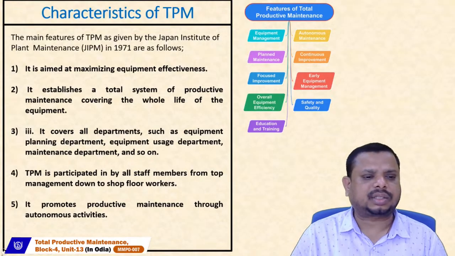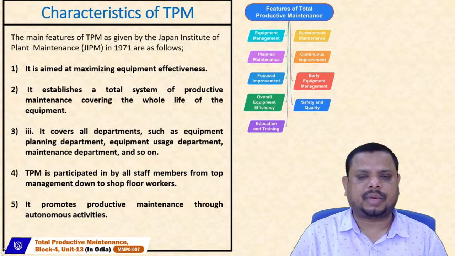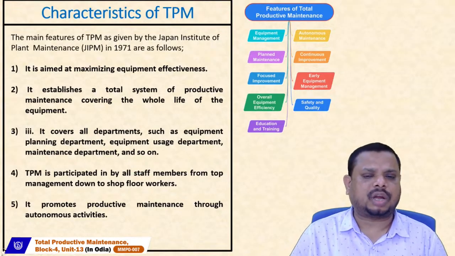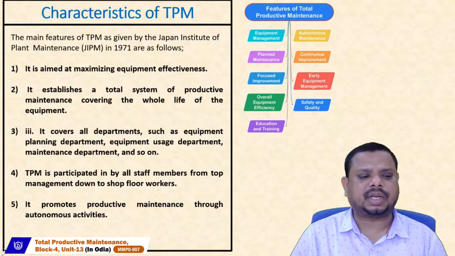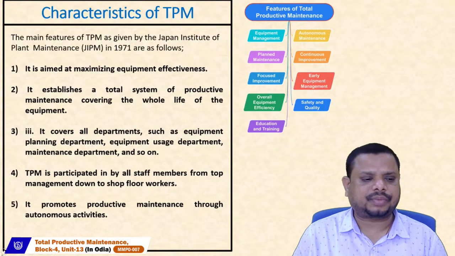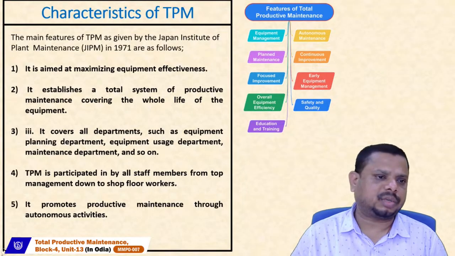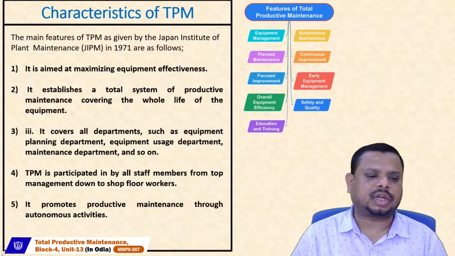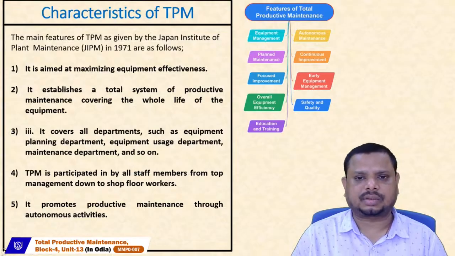The third one is that it covers all departments such as equipment planning departments, equipment use departments, and maintenance department, and so on. The fourth important point is that total productivity maintenance is participated in by all staff members from the top management down to the shop floor workers. And the fifth most important feature is that it promotes productivity maintenance through autonomous activities.